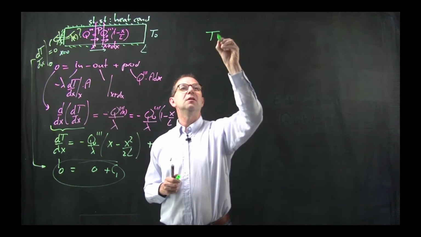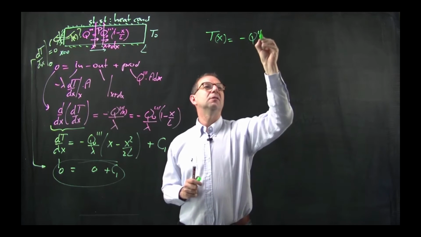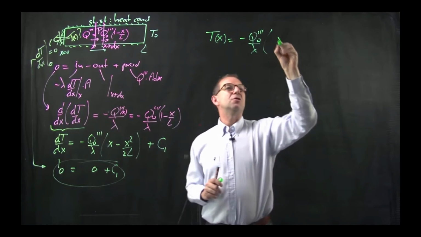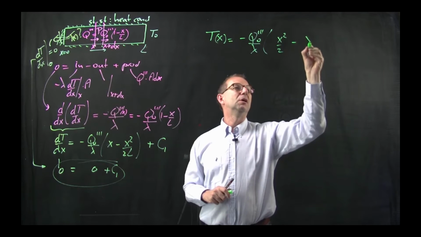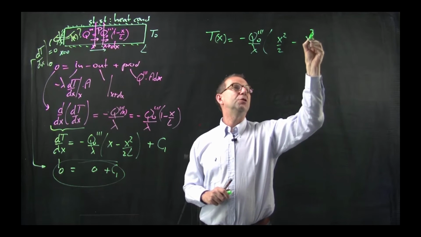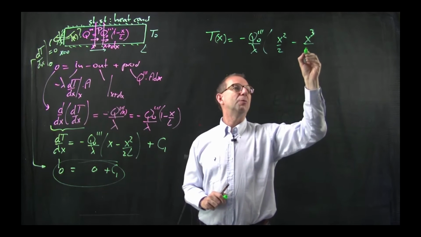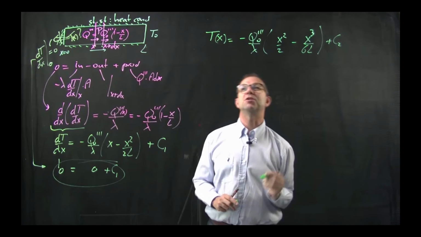So T of x equals integrating again on that side. I integrate x to x squared over 2. I integrate x squared to x cubed. An additional 3 below, so 2 times 3 is a 6, plus an integration constant C2.